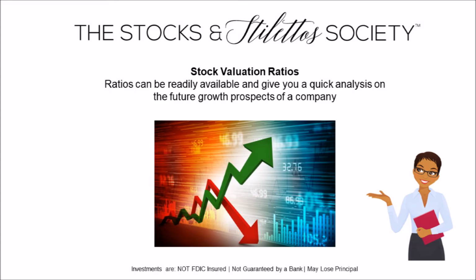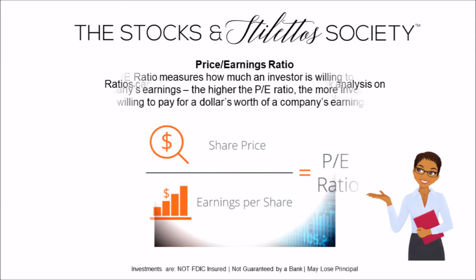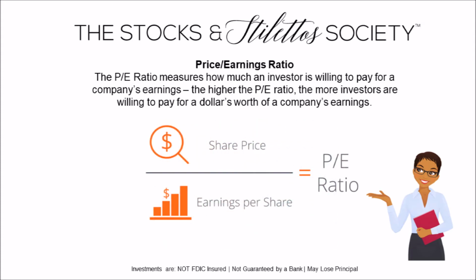Today we'll be talking about stock research and in particular stock valuation ratios. Ratios can be readily available through your smartphone or through a financial website and give you a quick analysis on the future growth prospects of a company to determine whether or not you should invest in that company. Let's look at a popular ratio amongst investors called the price-earnings ratio, or PE ratio for short.